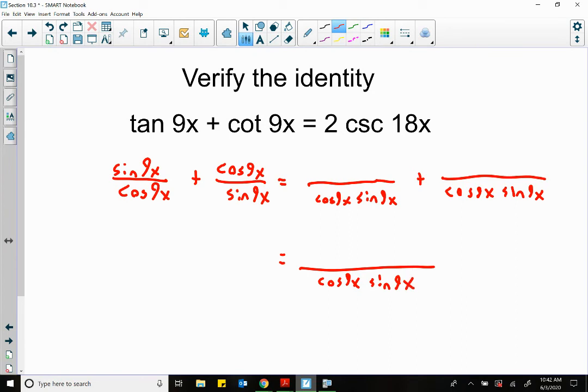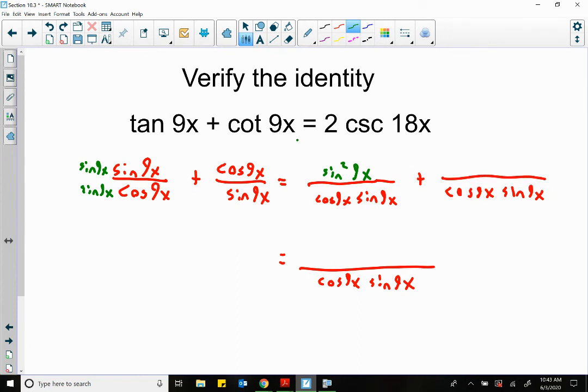Okay. So here's what I have. Here's what I need. So cosine 9x, it's missing the sine 9x. So this guy's just going to get multiplied by sine 9x. So sine 9x times sine 9x, that is sine squared 9x. It doesn't give you 81x squared, it's sine squared. Okay? This guy has sine 9x, it's missing the cosine 9x.